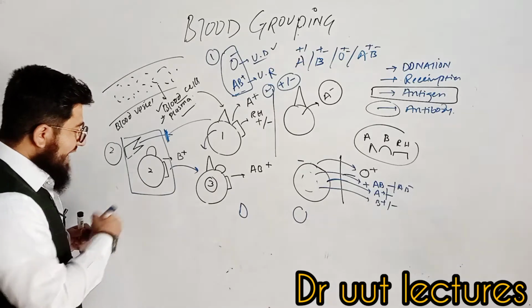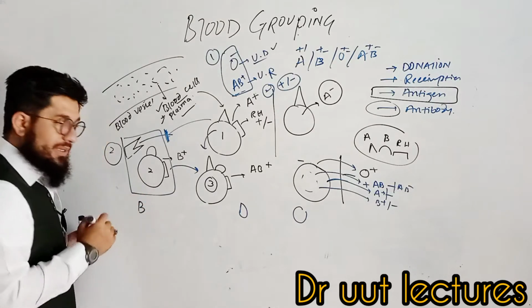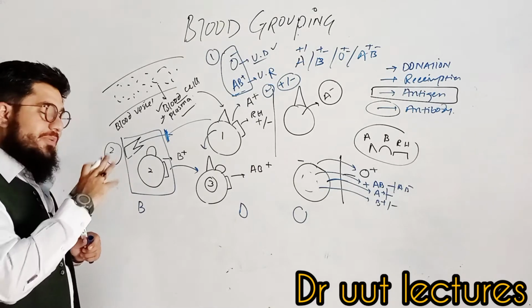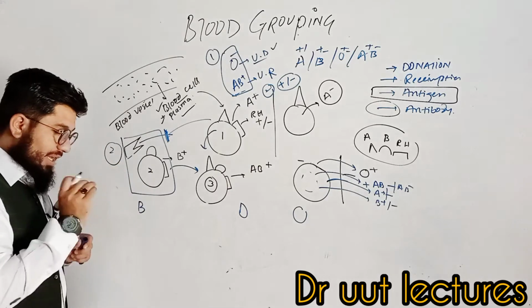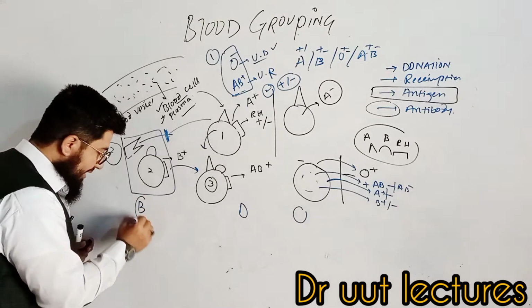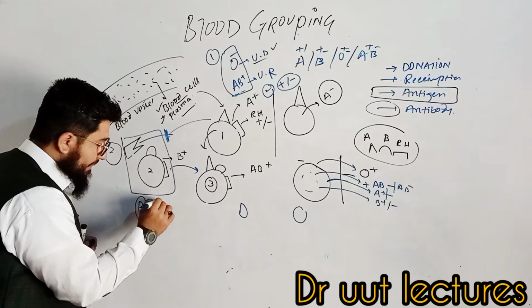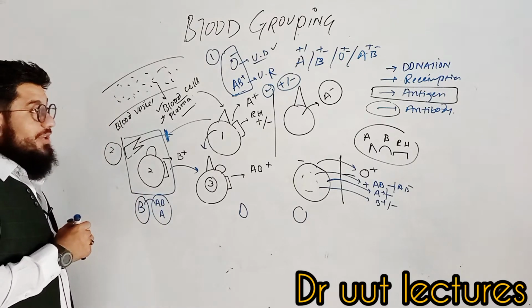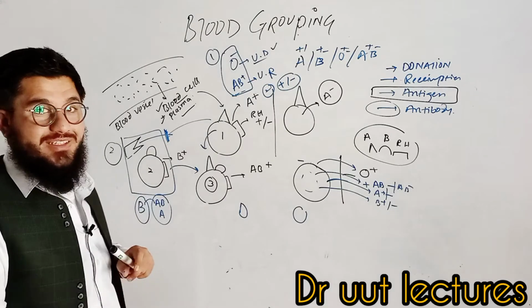Remember, whatever your blood group is, whether it is A, B, or AB, the antibodies will be against it. So I have blood group B, antibodies will be A. Now another point, a question from you guys.